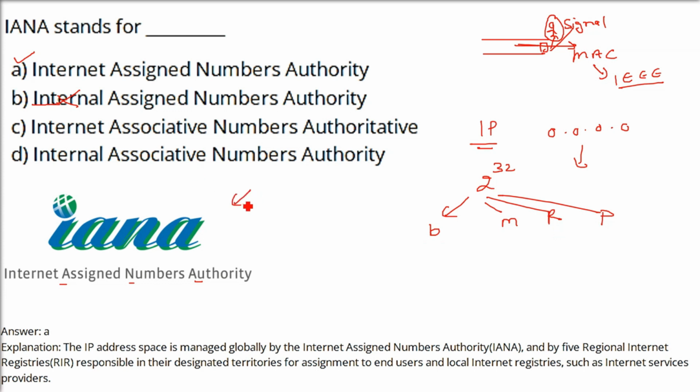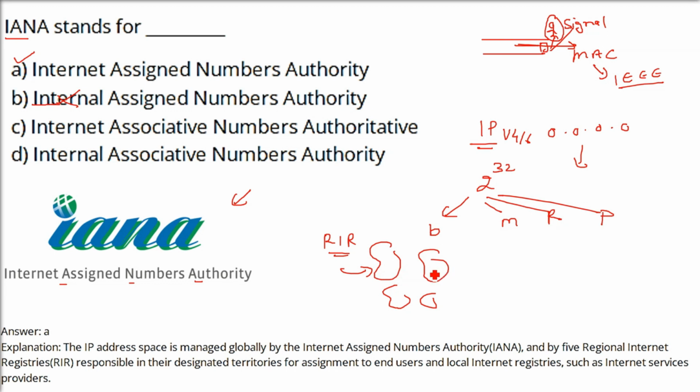When a company asks for a certain block of IP addresses, the authority IANA will give it to the RIR. The RIR will give it to the ISPs basically, and those small blocks will be allotted only by the final ISPs.